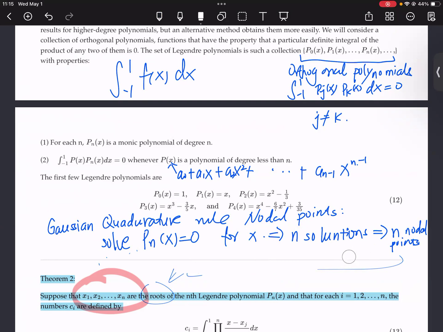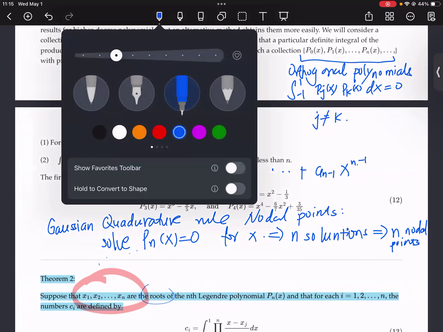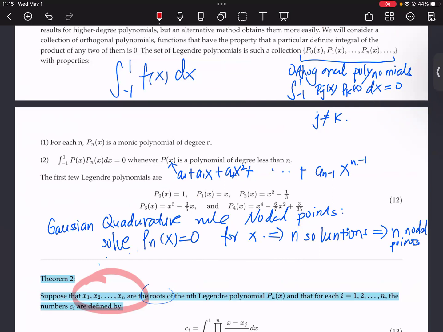And there's some property about these Gaussian quadrature nodal points. Let's try to solve it. For one nodal point, actually no one uses just one nodal point, so let's start from 2.